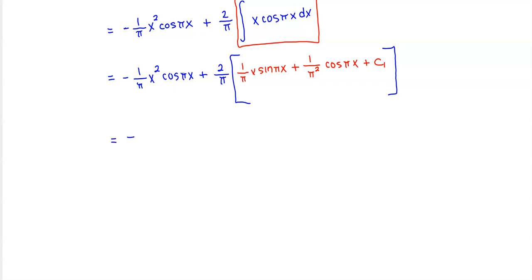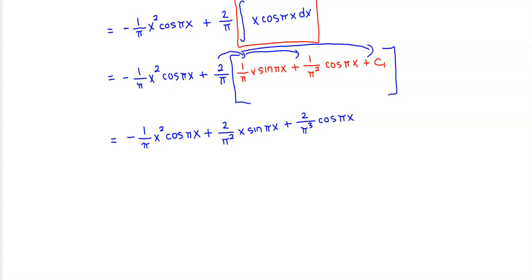So we have negative 1 over pi x squared times the cosine of pi x, plus we're going to distribute this 2 over pi to that term, which becomes 2 over pi squared times x times the sine of pi x, and then distribute it again, plus 2 over pi times pi squared is pi cubed times the cosine of pi x, and then we're distributing it to c1, which gives us plus 2 over pi times c1.